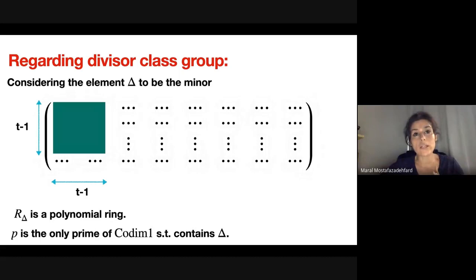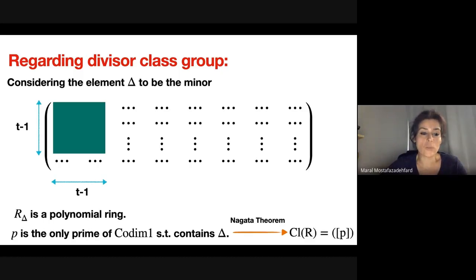And the only prime ideal of height 1 that can contain delta is exactly P. So the main idea was using Nakai's theorem. By this theorem, we knew that the divisor class group is the kernel of the canonical map from the divisor class group of R to the divisor class group of the localization. The kernel was generated by the class of P, so the divisor class group was generated by P.